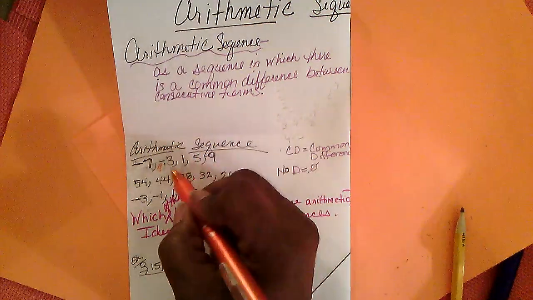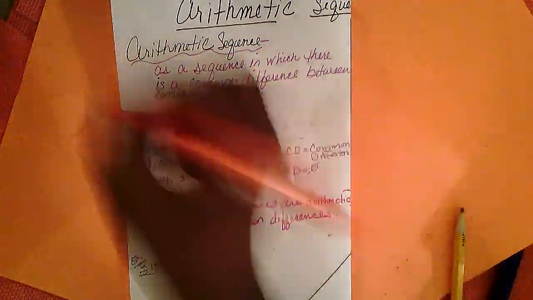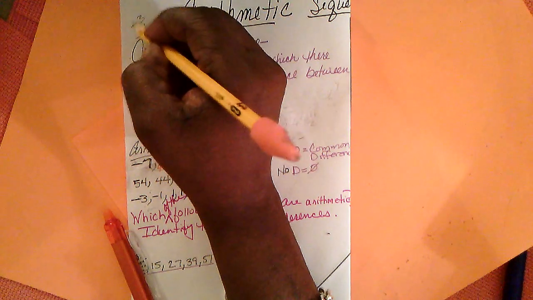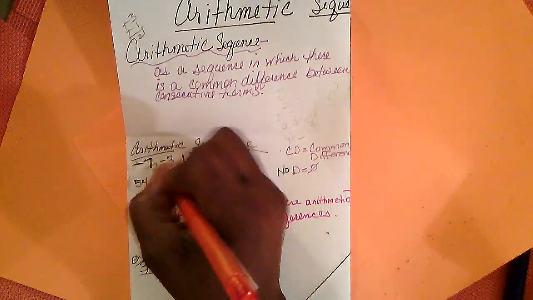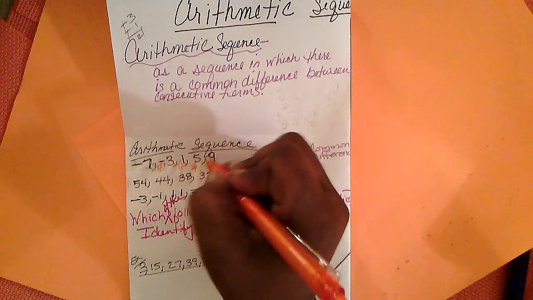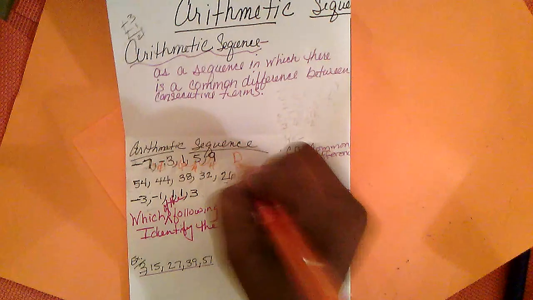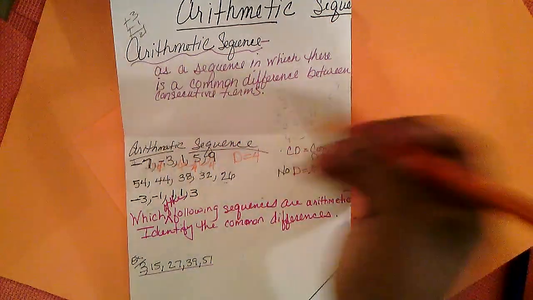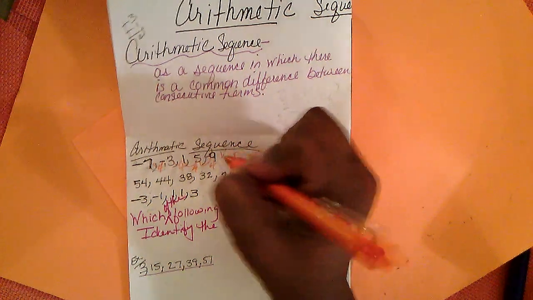Then we have -3 to 1, it's a difference of 4. Now we go from 1 to 5, difference of 4. From 5 to 9, a difference of 4. So our difference is 4, and on the side of this one, you can mark that CD or yes.